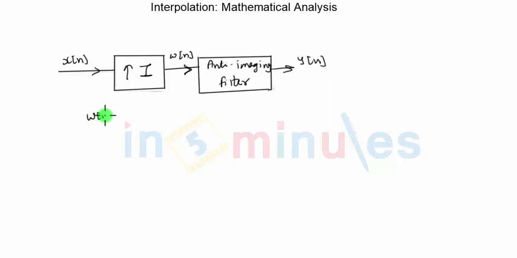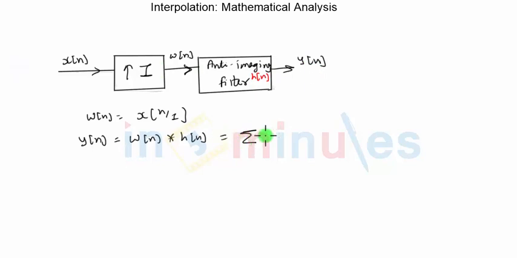So how do you write this whole thing? W of n is nothing but x of n by I, which is the result of interpolation. Y of n will be equal to w of n convolved with h of n. What is this h of n? H of n is nothing but the impulse response of the anti-imaging filter. So input convolved with impulse response gives us output y of n.